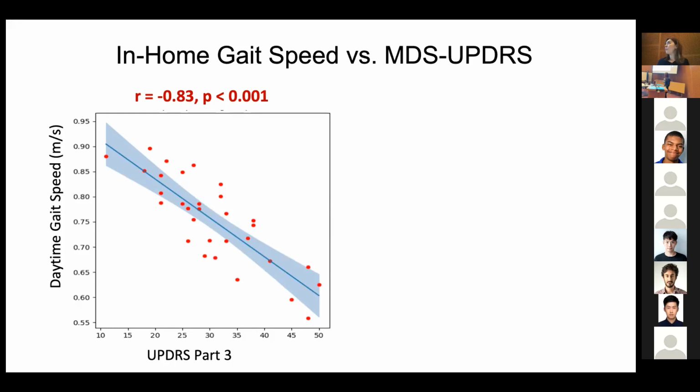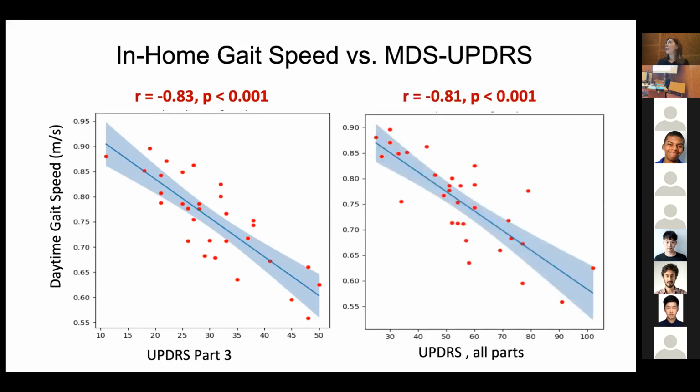Okay. And then we also looked at not just the motor function. UPDRS, as I said, has multiple sections. Some of them have to do with sleep, some with daily activities and so on. Then you sum all of them, and this is the sum, UPDRS all parts, the final gold standard.